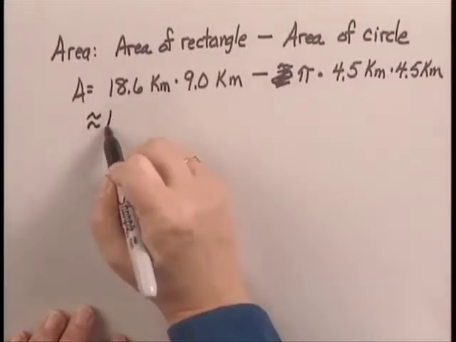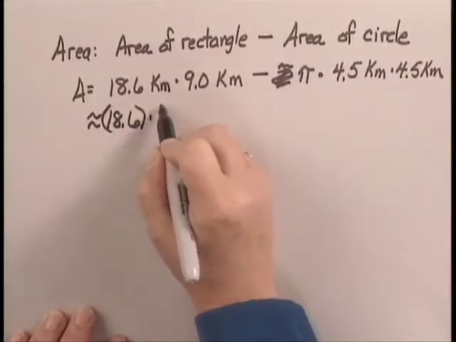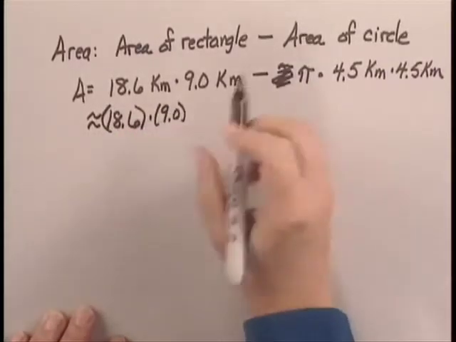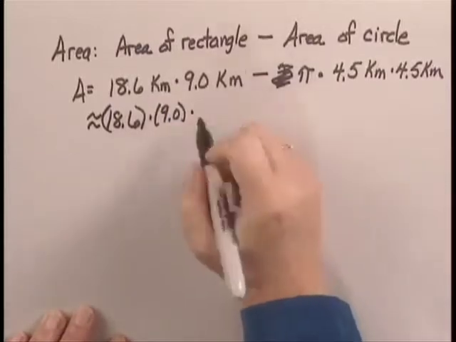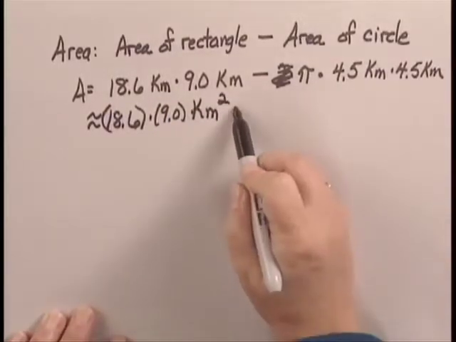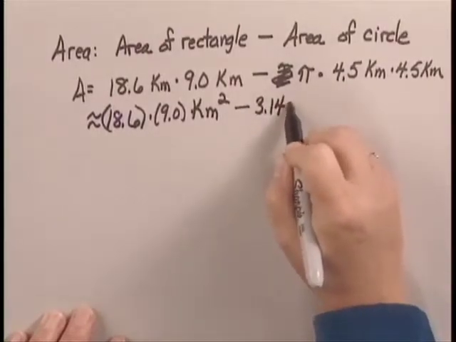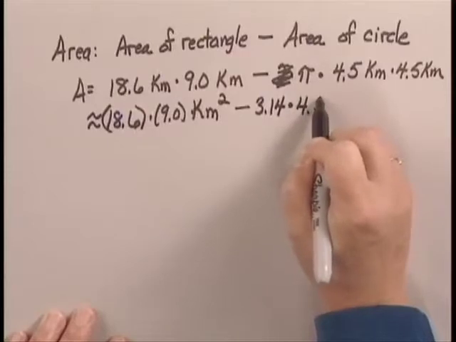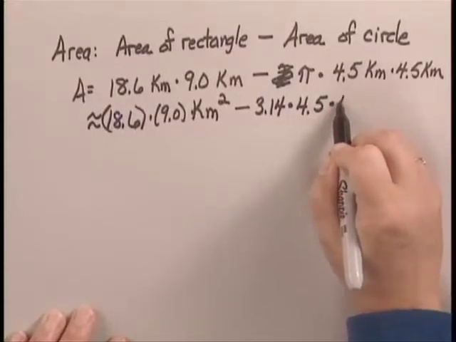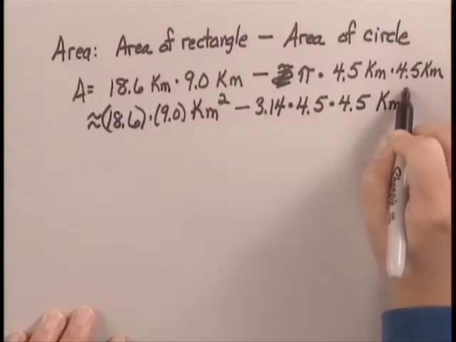I have 18.6 times 9.0 kilometers, or I can write that as square kilometers, minus 3.14 times 4.5 times 4.5, and that's also square kilometers.